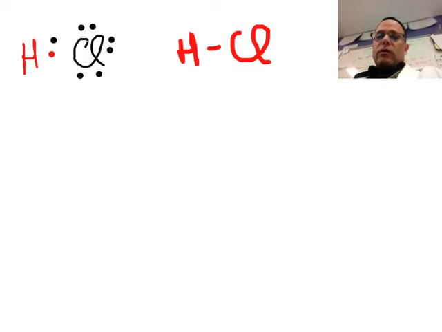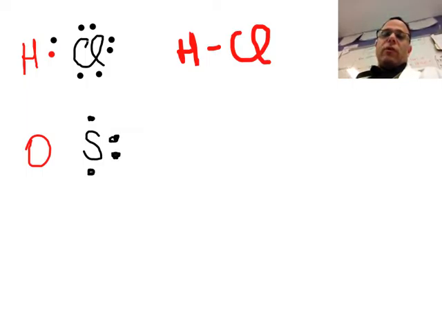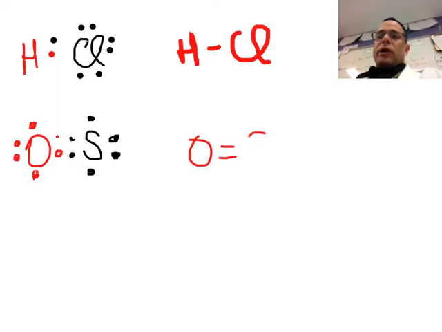We could also look at perhaps oxygen and sulfur. Sulfur has 6 valence electrons. If you don't believe me, look it up. So there's 1, 2, 3, 4, 5, 6, where oxygen also has 6. So here we have a double bond between oxygen and sulfur.